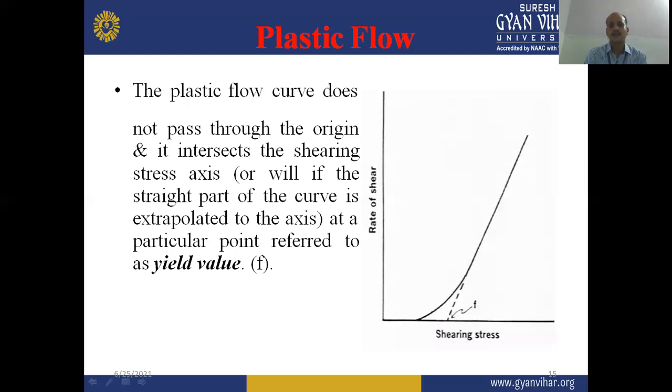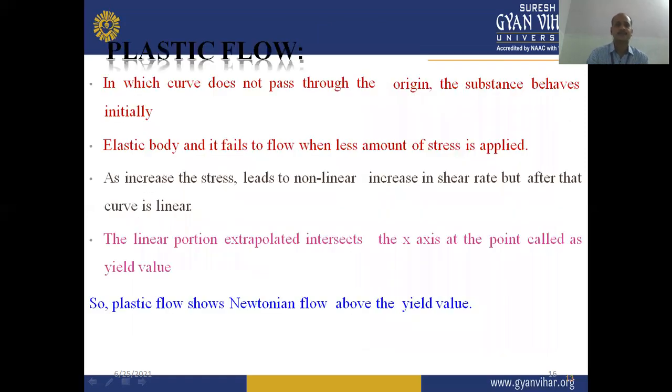So when we extrapolate this line to the shearing stress axis, it cuts at a specific point, and this point is known as yield value. It is represented by small f. So this is the characteristic rheogram of plastic flow.